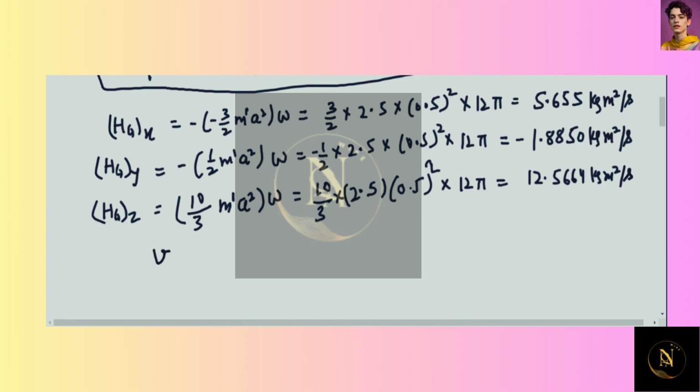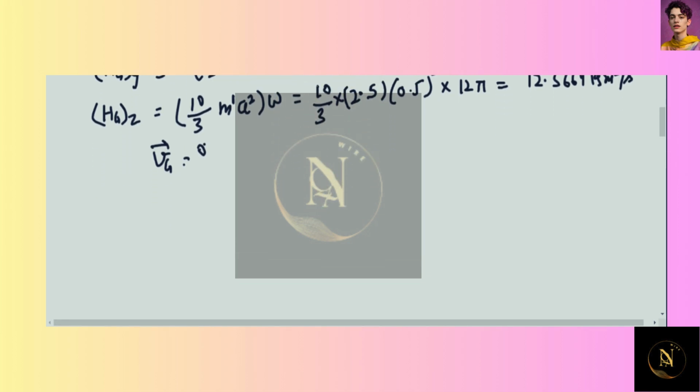Velocity of center of mass will be 0 because it is passing through the axis of rotation. So for the first part, the angular momentum of the assembly about the B point, we can write the angular momentum about the centroid G plus R cross Vg, the velocity of center of mass, but this is 0.